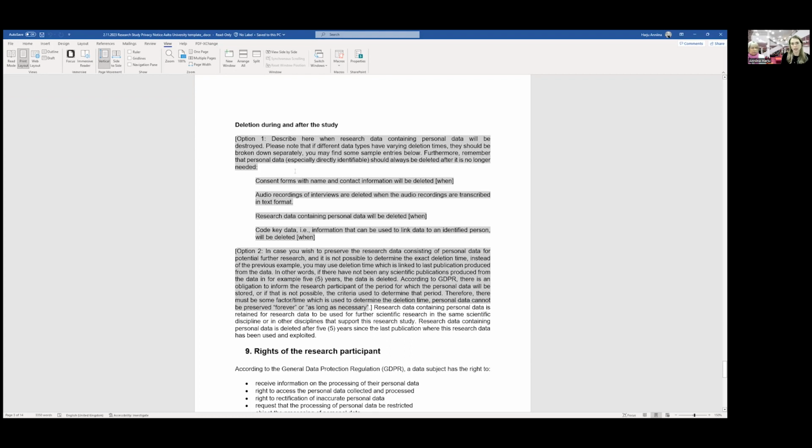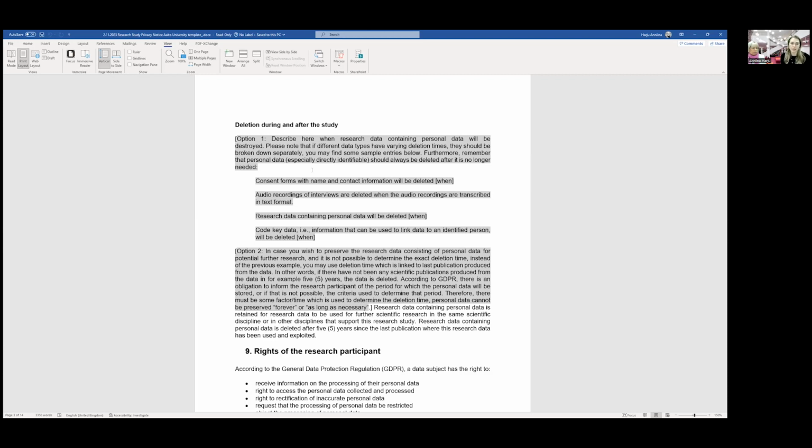For example, here, consent forms with name and contact information, in most cases you don't need them as long as you need the actual research data. So you can delete those when you don't need them anymore, and you actually also should delete them when you don't need them anymore.